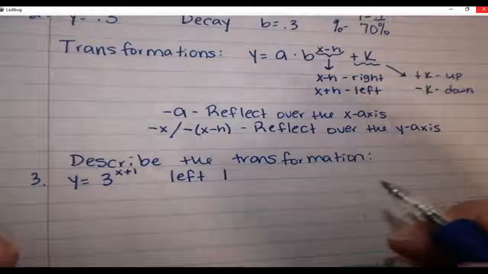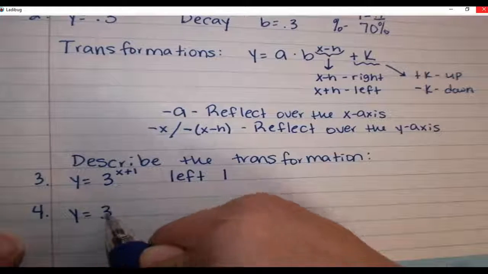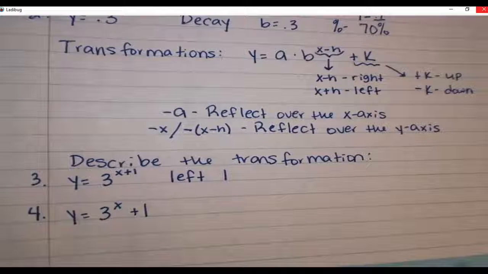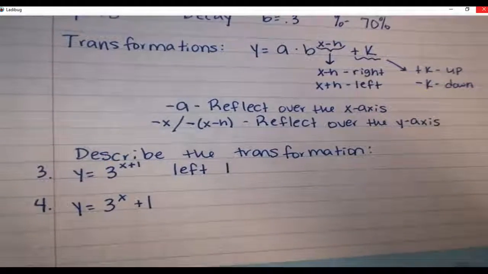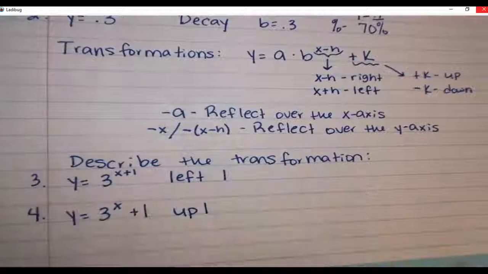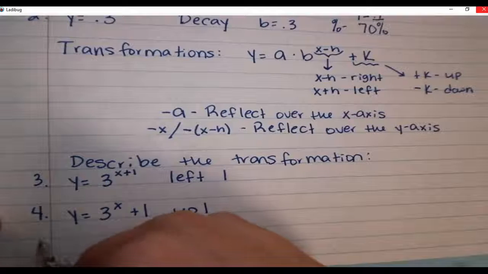Good. How about if we had y equals 3 to the x and a big plus 1? Yeah, up. Good. So up 1. Good.